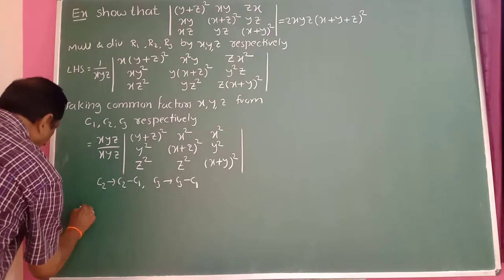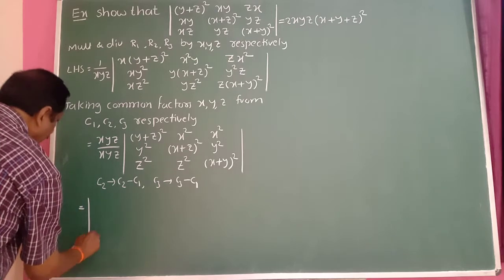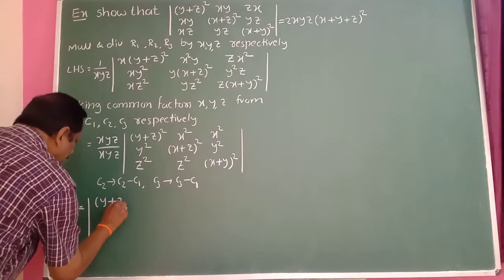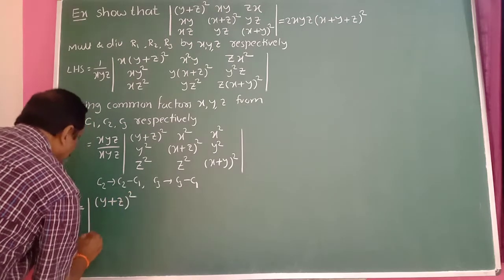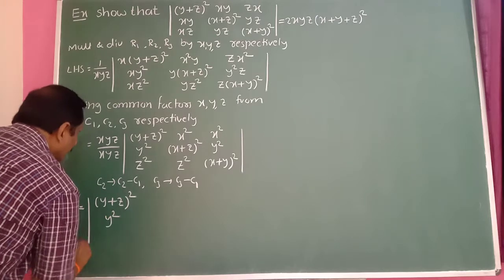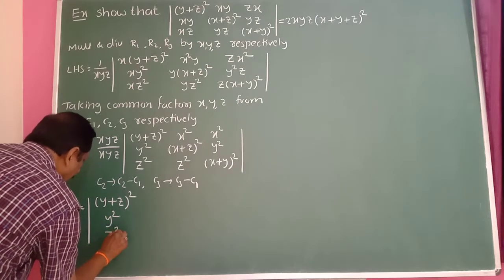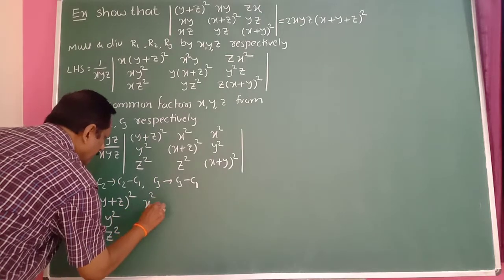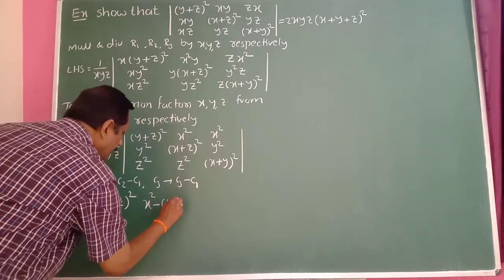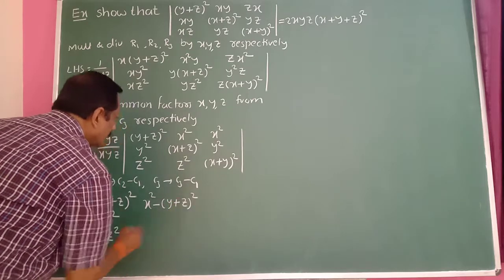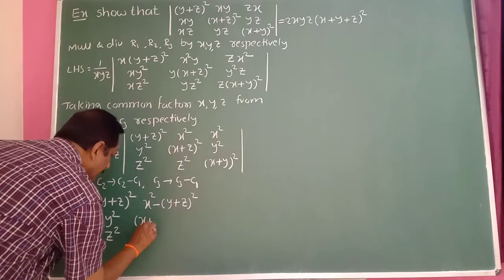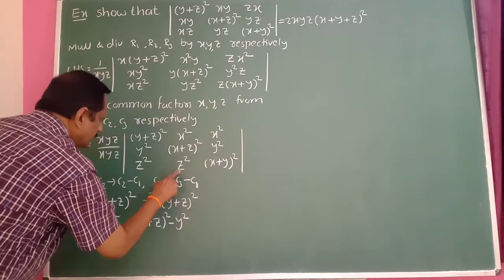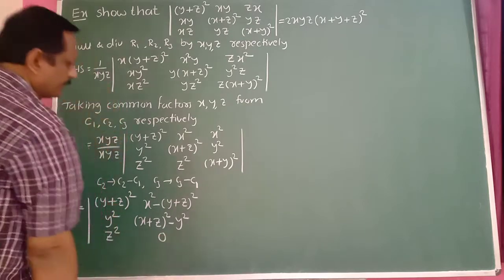Therefore this is equal to the determinant of: the first column elements kept as is, y plus z whole square, x square, x square. This column minus this column: y square minus y plus z whole square, x plus z whole square minus y square, and z square minus z square becomes 0.